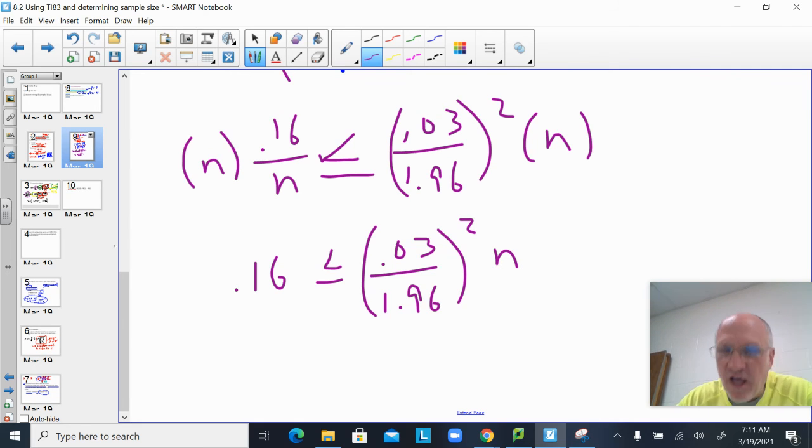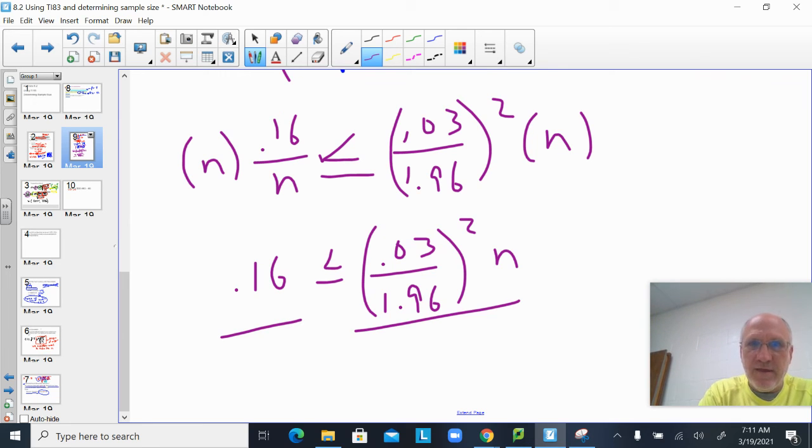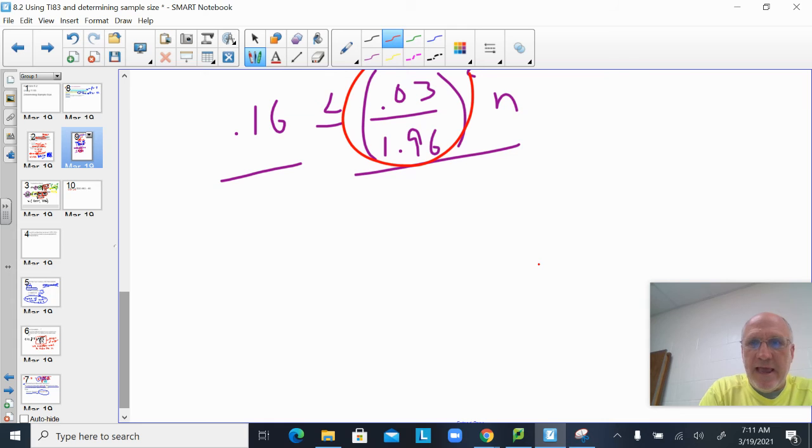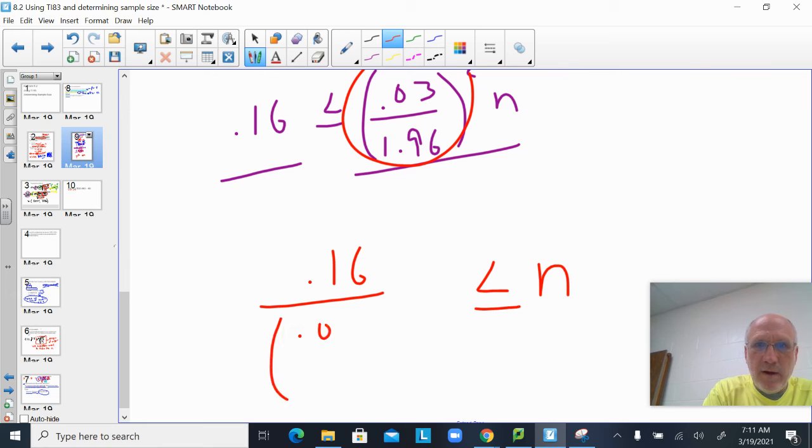And now lastly, to solve for n, I'm going to divide both sides by that whole thing in parentheses squared. We don't feel like writing underneath both sides, but that turns out to be, n is over here, there's the symbol, n is greater than or equal to 0.16 divided by 0.03 divided by 1.96, squared.